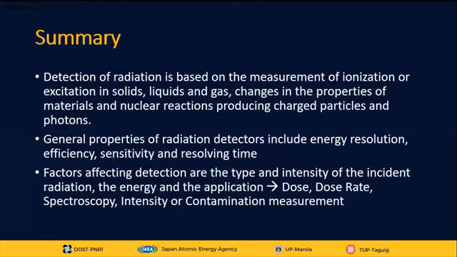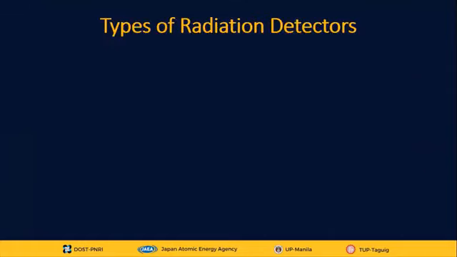The general properties of radiation detectors include energy resolution, efficiency, sensitivity, and resolving time. Other factors affecting radiation detection are the types of incident radiation, its intensity and energy, and the application. Will it be used for dose rate, spectroscopy, intensity, or contamination measurement?